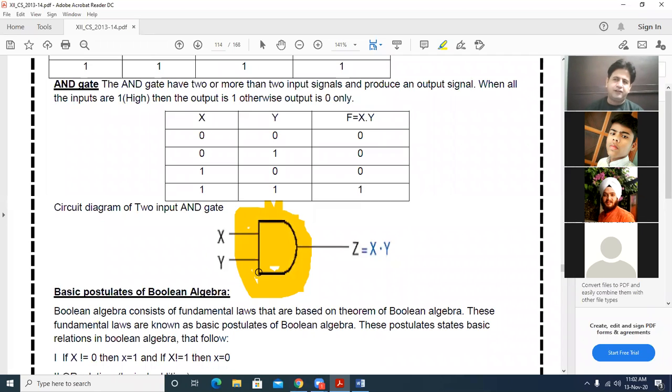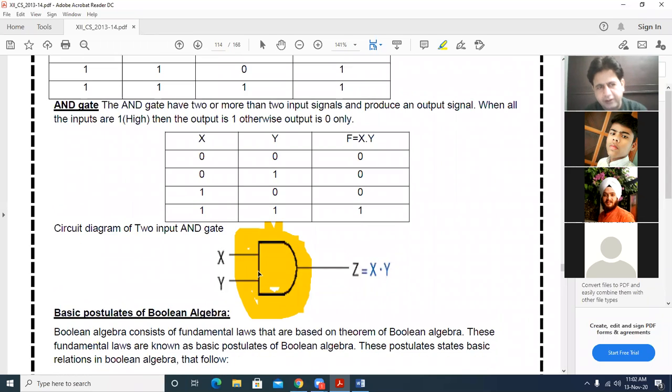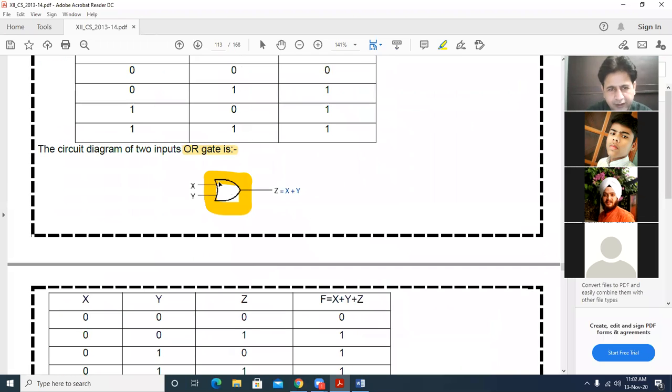So we are using 3 operators, we are also using 3 gates: not, and, or. These gates represent different operators, and for different operators we are using different symbols. So you will have to remember these symbols.